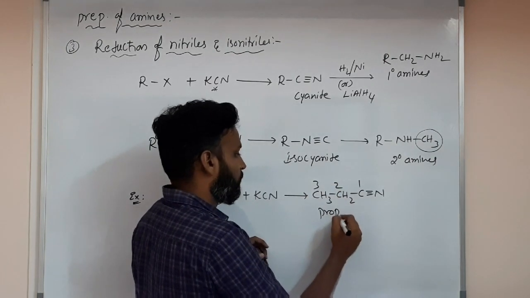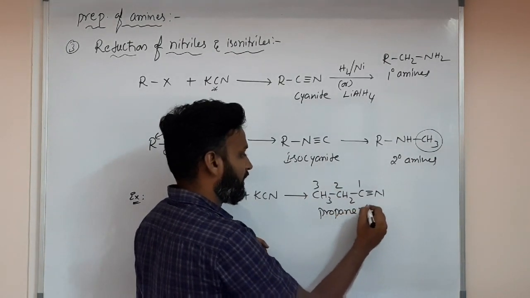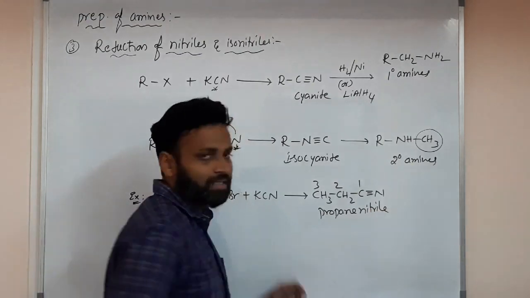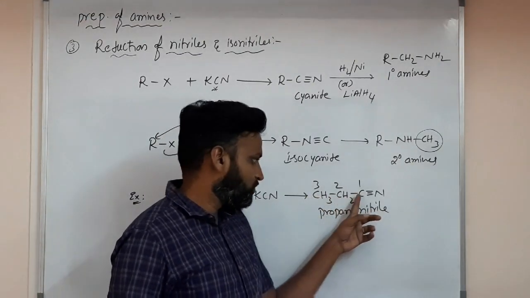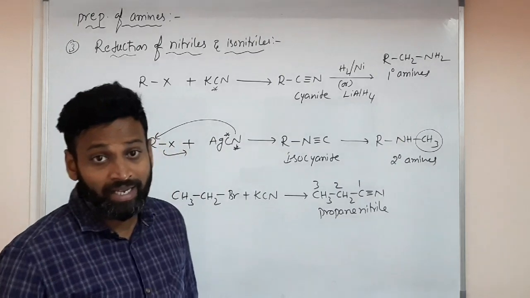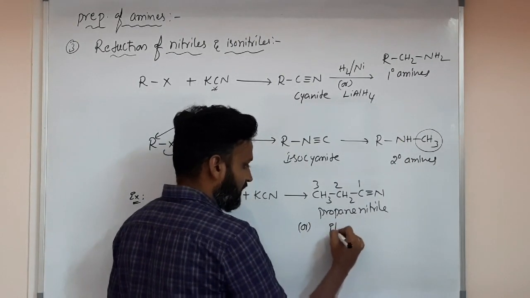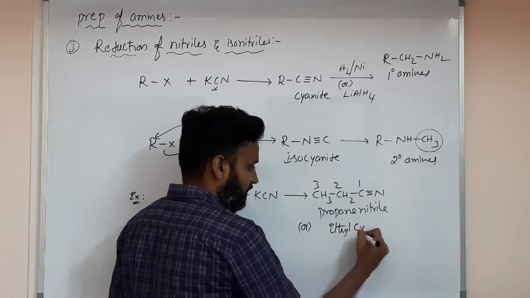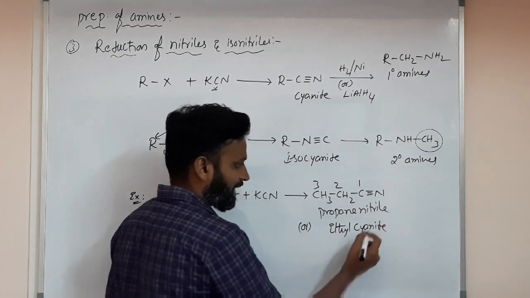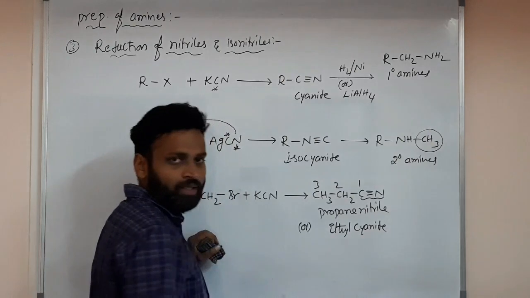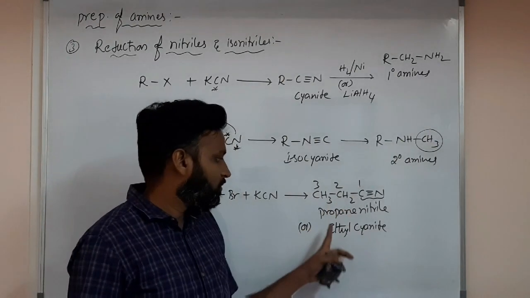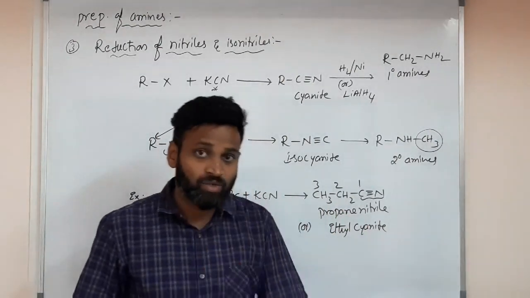This is propane nitrile, CH3CH2C triple bond N. Otherwise, the common name is ethyl cyanide. So don't say 3 carbons, so propyl cyanide is wrong. Cyanide is CN.